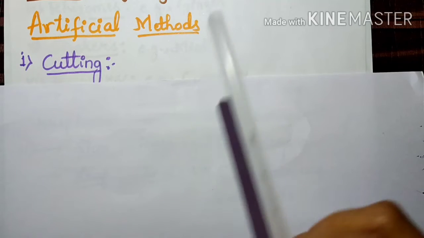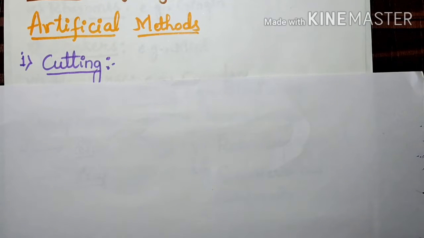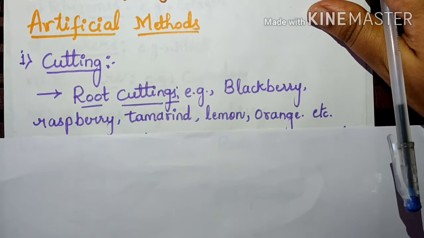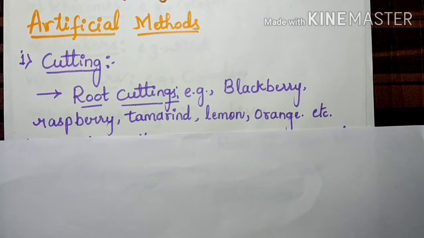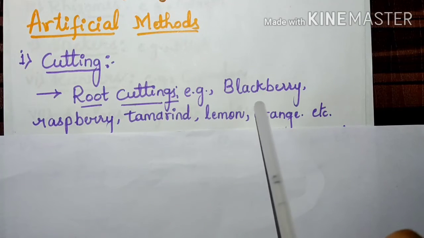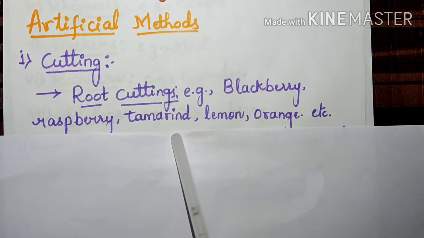So it can be root cutting, stem cutting and leaf cutting. Let us study root cuttings now. Here, pieces of roots are used to artificially propagate new plants, such as blackberry, raspberry, tamarind, lemon and orange.